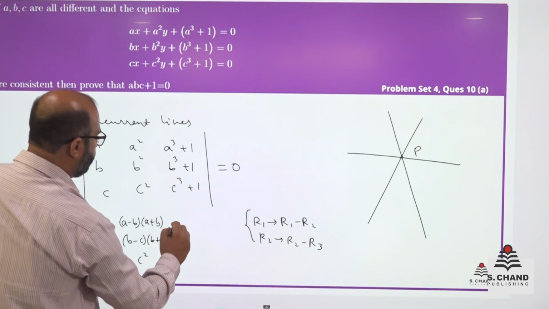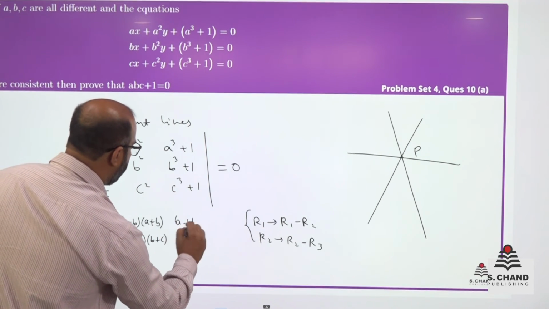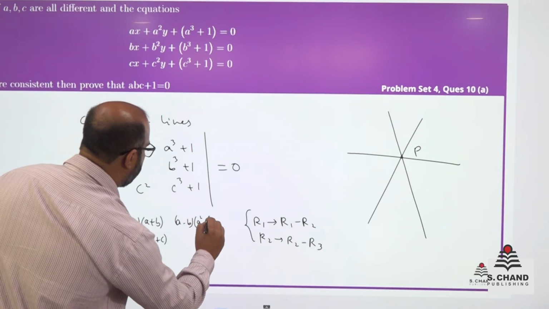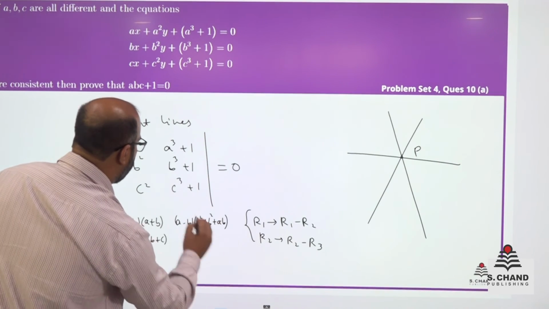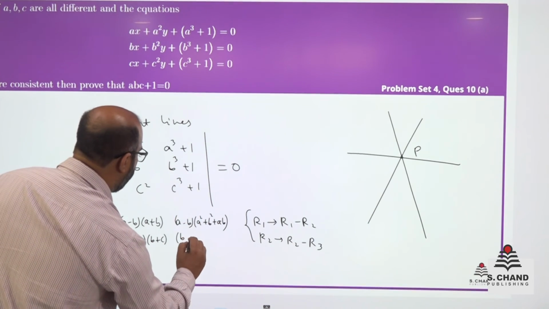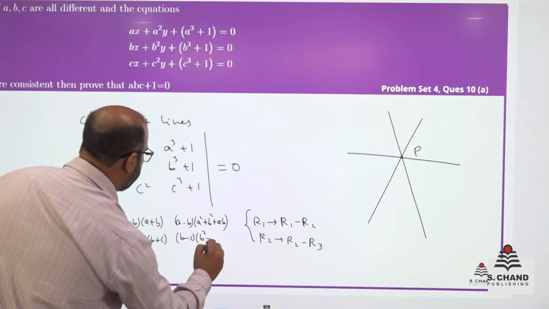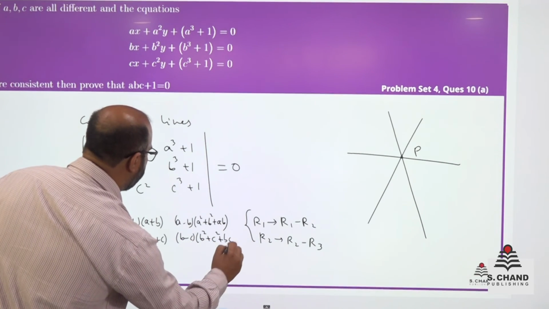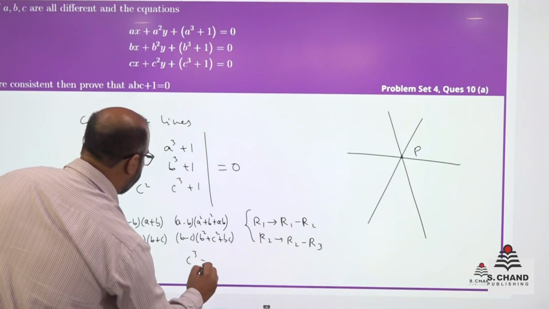This is A cube minus B cube. That will become A minus B, A square plus B square plus AB. This will be B cube minus C cube. So B minus C, B square plus C square plus BC. This is C cube plus 1.